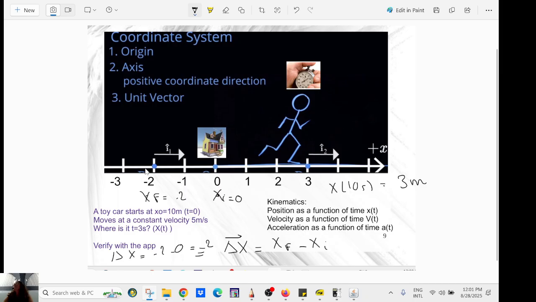That would be a vector. But I don't always put an arrow because I don't know how to do it with the software. But if you see a delta x, you should know that it's a displacement. If you see a v, usually it's velocity, but it will say velocity, so then you know it's a vector. If you see speed, then you know it's a scalar.